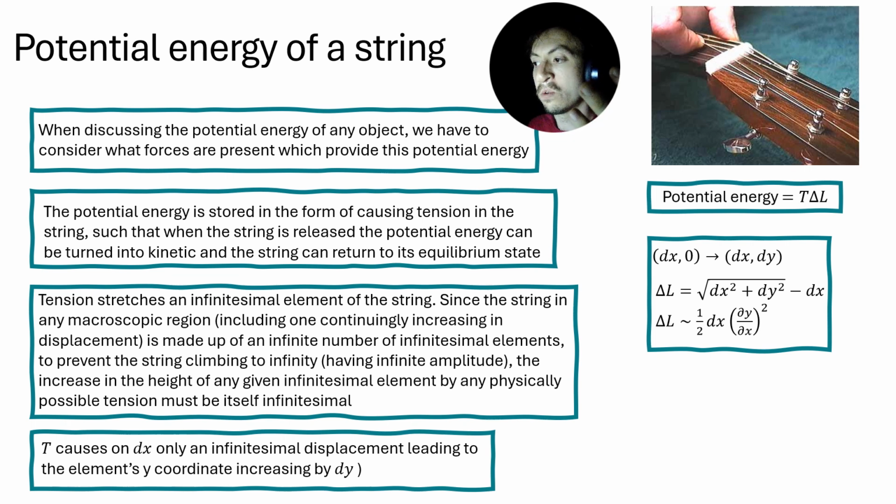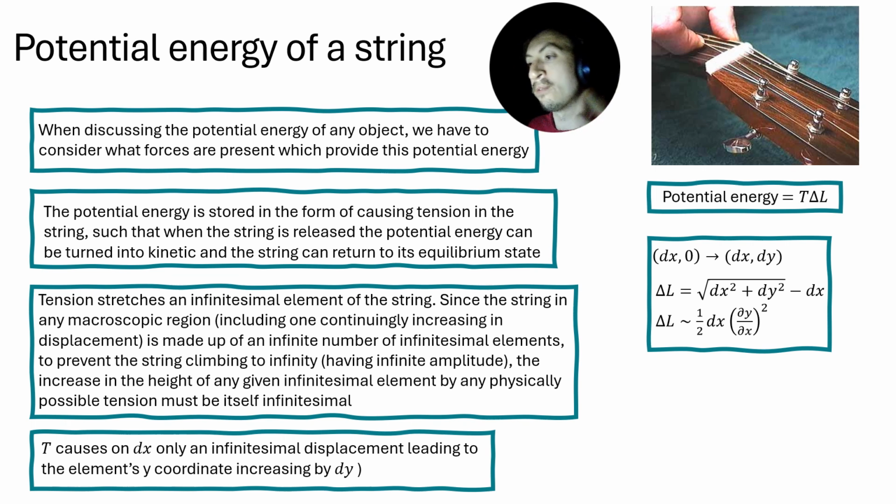We can use tension times changing length without worrying about the tension varying, because the segment is infinitesimal. It literally has practically no size for the tension to vary across, so we can consider the tension T across this infinitesimal segment to be a constant.